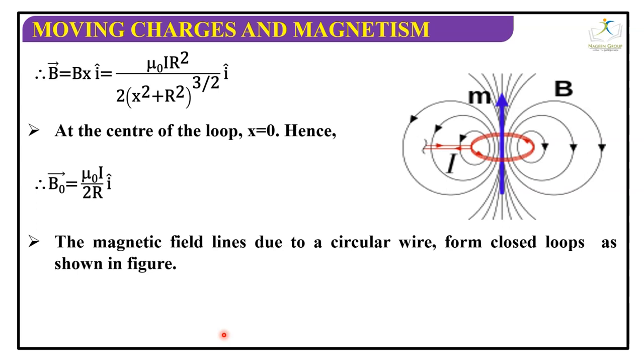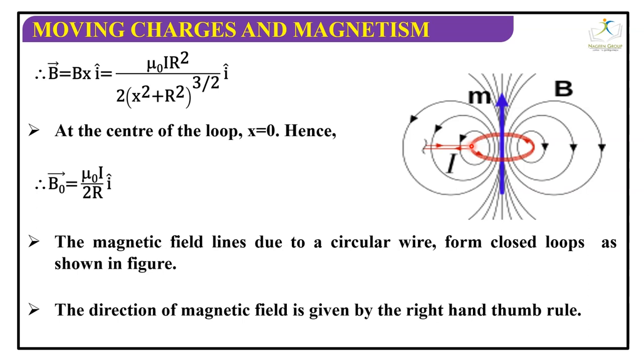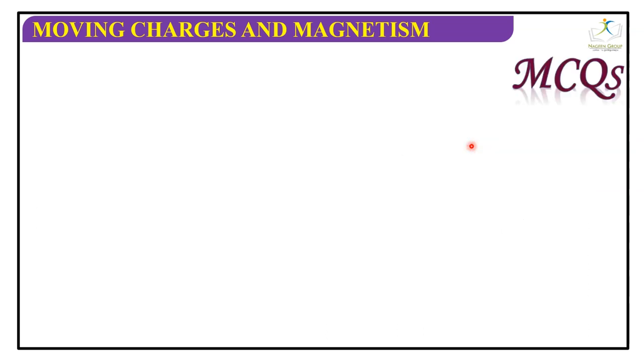The magnetic field lines due to the circular wire form closed loops as shown in this diagram. The direction of the magnetic field is given by the right hand thumb rule, as in the previous one. Now we will do some numerical and conceptual questions so that we can clear this topic.